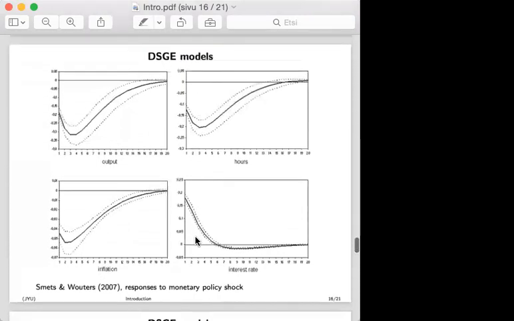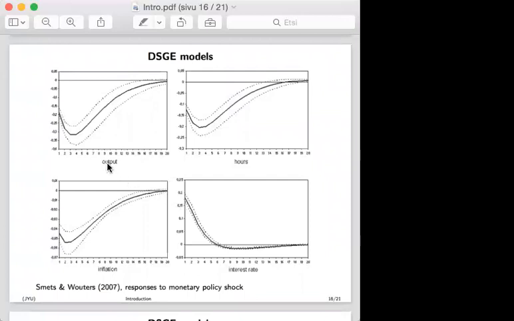These are impulse responses from the Smets and Wouters 2007 paper. In the first period there is an unanticipated monetary policy shock which increases the interest rate. So it's a monetary contraction.